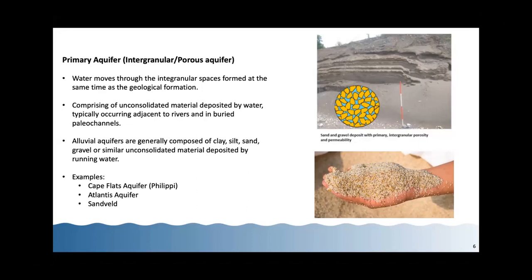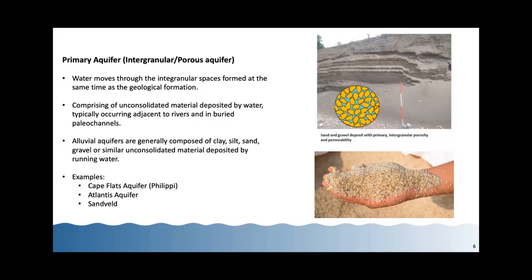Alluvial aquifers are generally composed of clay, silt, sand, gravel, or similar unconsolidated material deposited by running water. And it's very important to note, sometimes they can range in thickness from 10 to 20 meters, or even up to 100 or 120 meters deep.